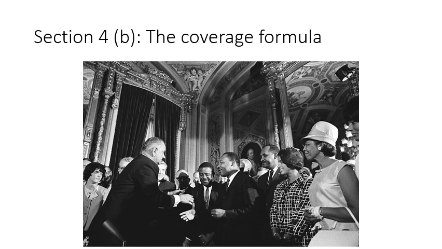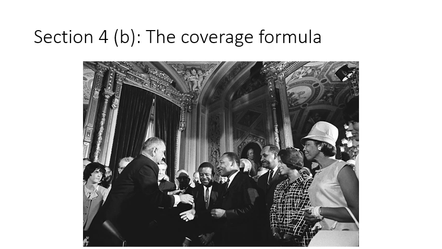There was a second element. If less than 50% of the persons of voting age were registered to vote in 1964 when they were writing the law, or less than 50% of persons of voting age actually voted in the presidential election of November 1964, then they were also going to fall under the pre-clearance.